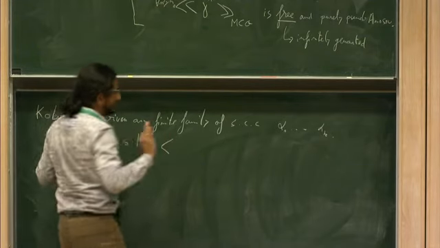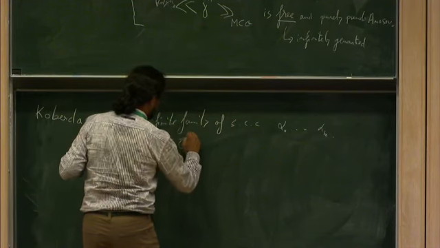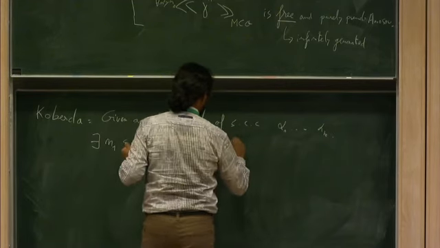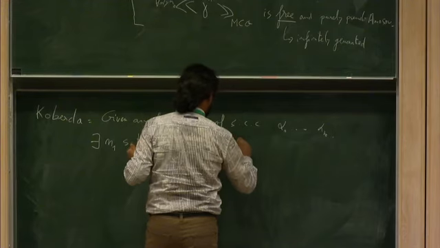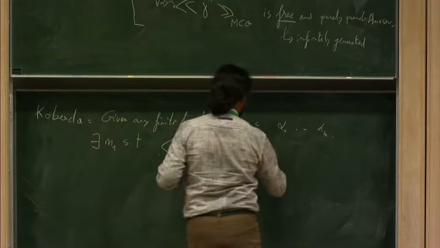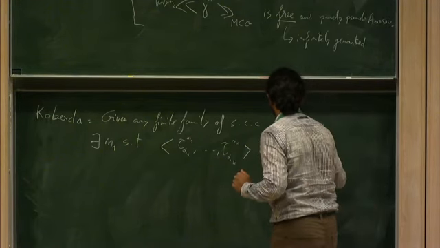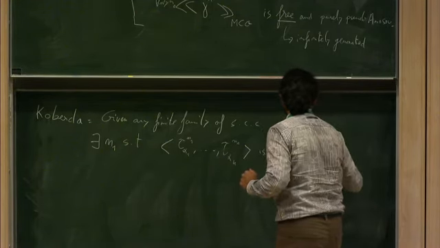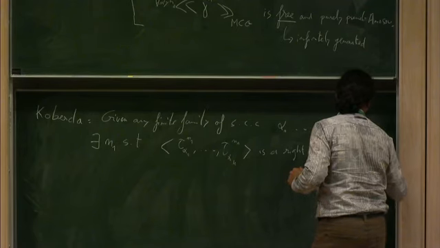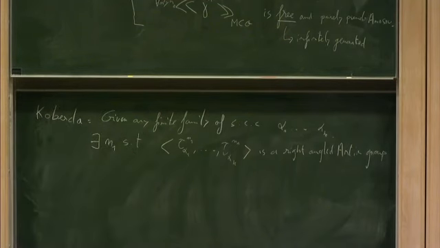the group generated by tau alpha 1 to the n1, ..., tau alpha k to the n1, this group is a right-angled Artin group, with a natural presentation of a right-angled Artin group.